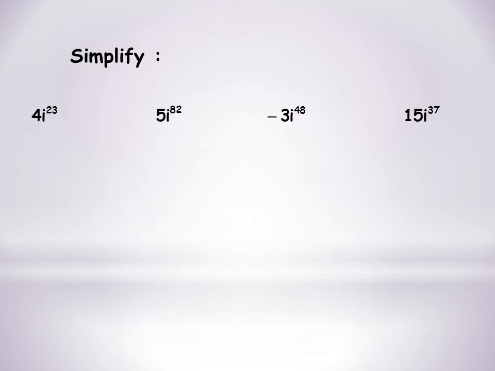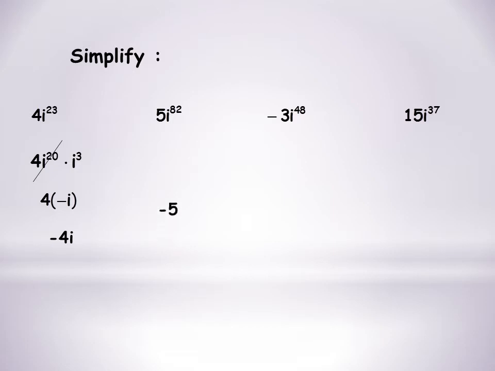But i to the 20 is. So I can write this as i to the 20 times i to the third. We know i to the 20 is 1, so we can just cross it out. But we know that i to the third is -i, so this would just be -4i.